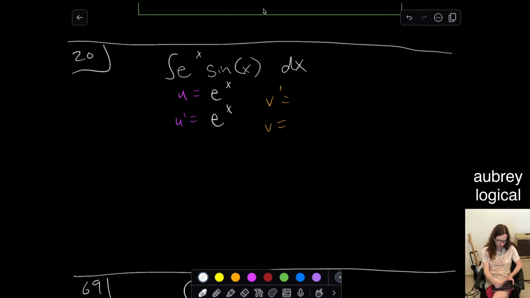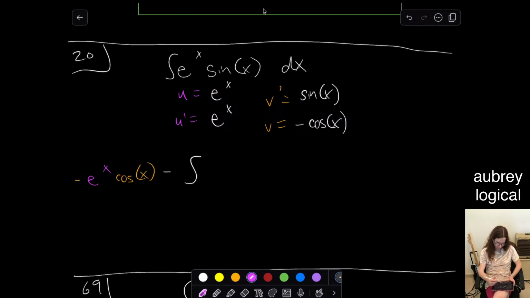Derivative is e to the x. Sine of x. Derivative is negative cosine of x. So we can plug in e to the x times negative cosine of x minus the derivative of e to the x times negative cosine of x times dx.